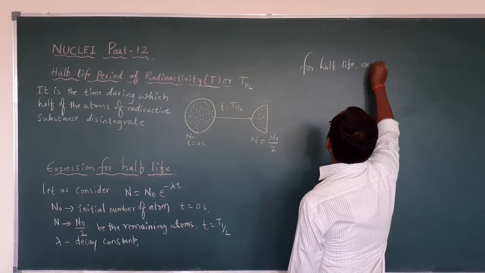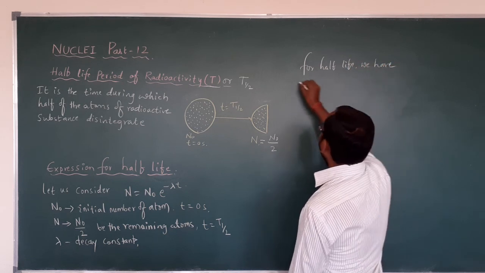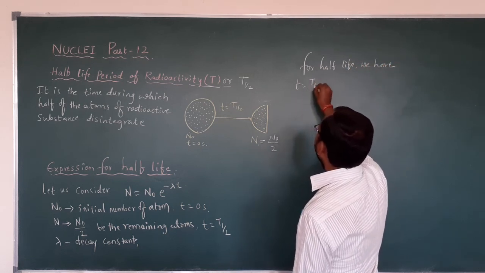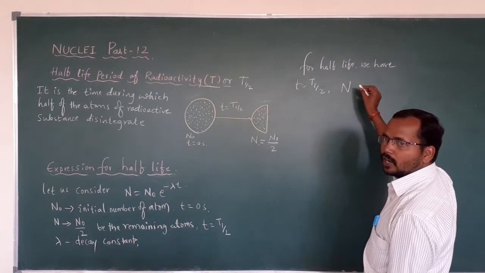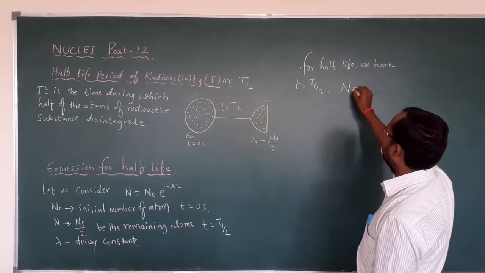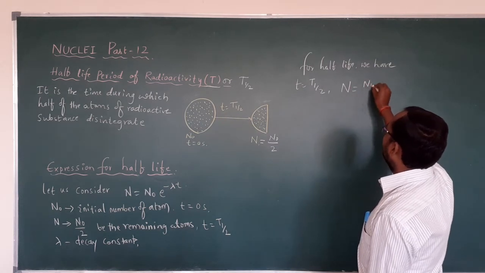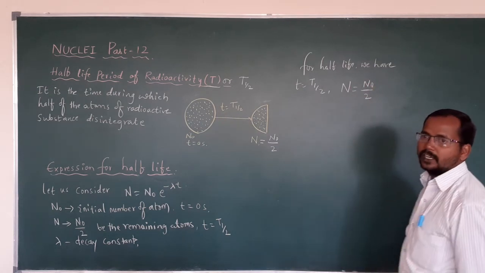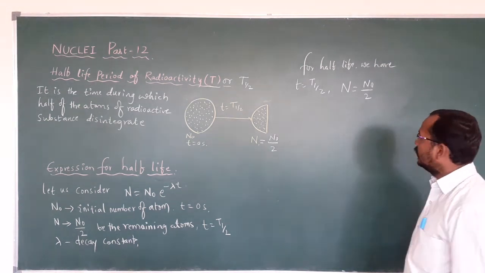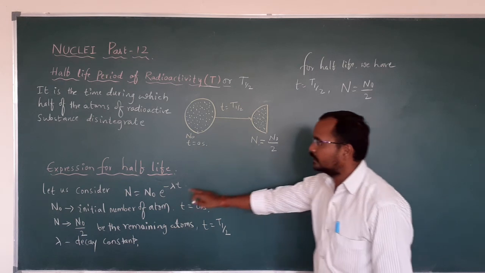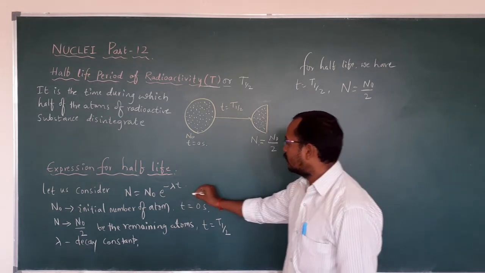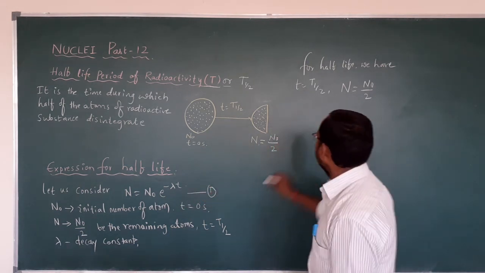Now for half-life we have, what is the time? t is equal to T half. For half-life, the remaining number of atoms is equal to how much? The remaining atoms will be N naught by 2, half of the initial number of atoms. Then substitute these two values in this equation. I call this equation number 1.